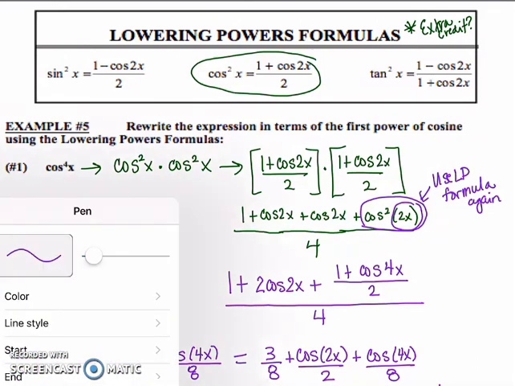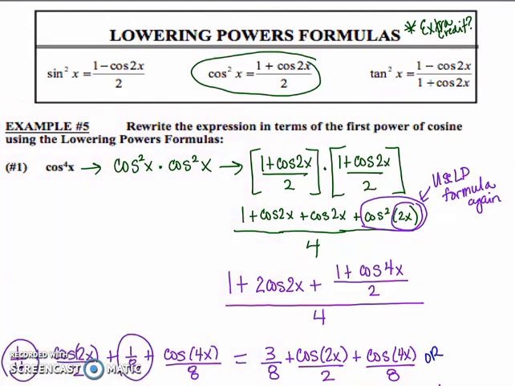So I'll show you what that would look like here. Okay, so it would be 3 plus. Now if I'm going to change this into an 8, I multiplied it by 4. So I would have to multiply my numerator by 4 too.